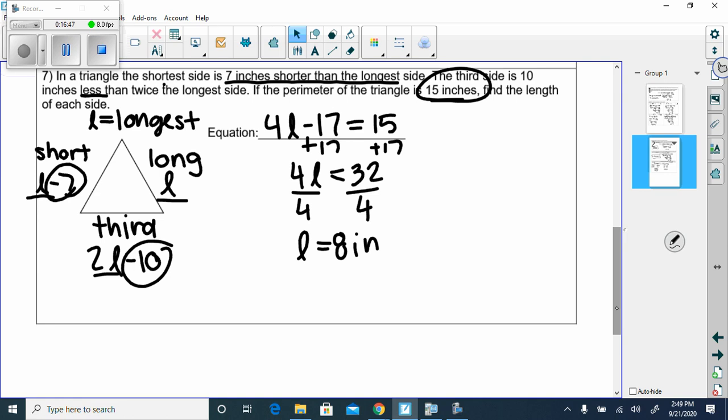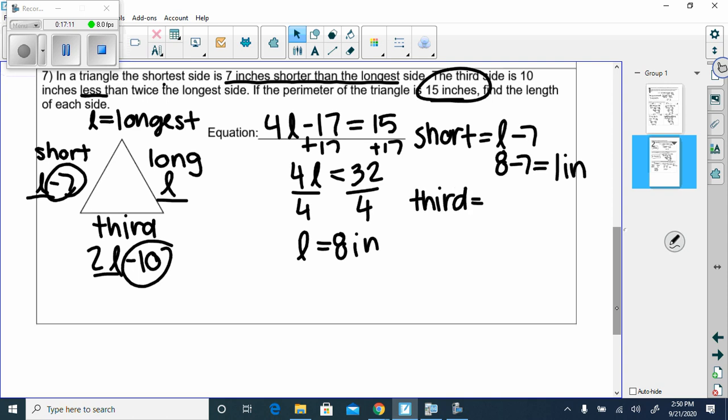Okay? So let's start with the short side. What was our formula for the short side? L minus 7. And what do I plug in for L now? 8. So 8 minus 7 will be 1. 1 inch. Okay? Then I need to plug in for my third side. What was my formula for the third side? 2L minus 10.